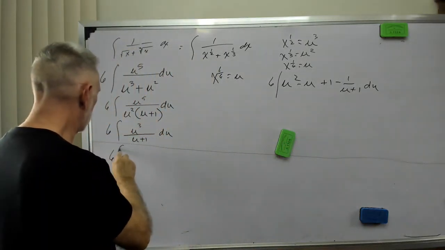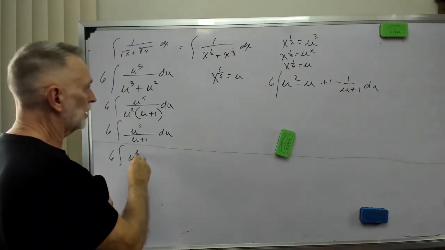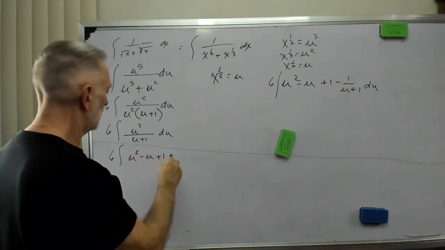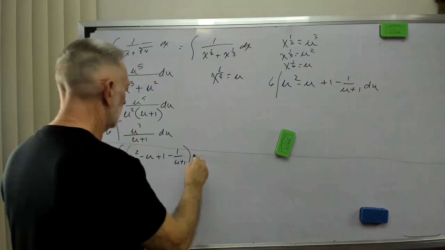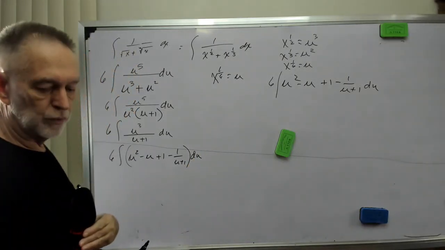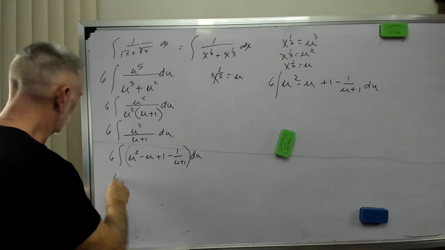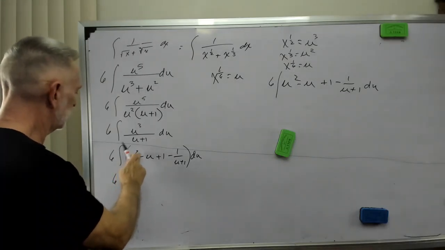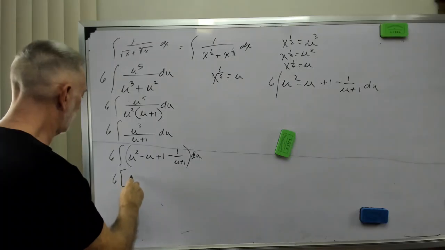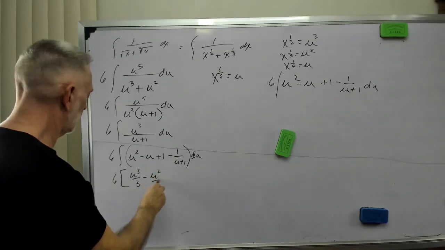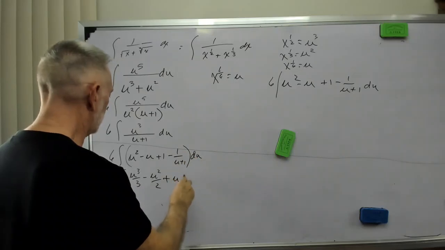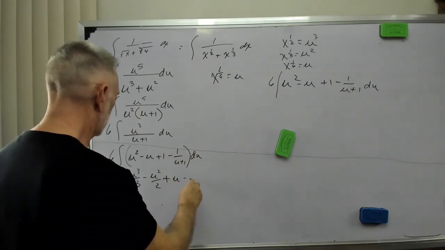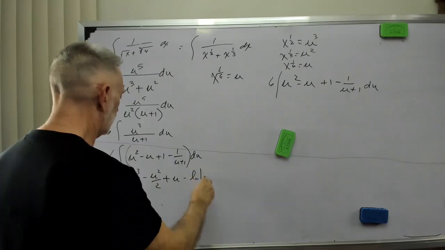Now we have 6 times the integral of u squared minus u plus 1 minus 1 over u plus 1, all integrated with respect to u. That's 6 times u cubed divided by 3, minus u squared over 2, plus, if I'm integrating 1 du, that's u, minus the natural log of u plus 1.